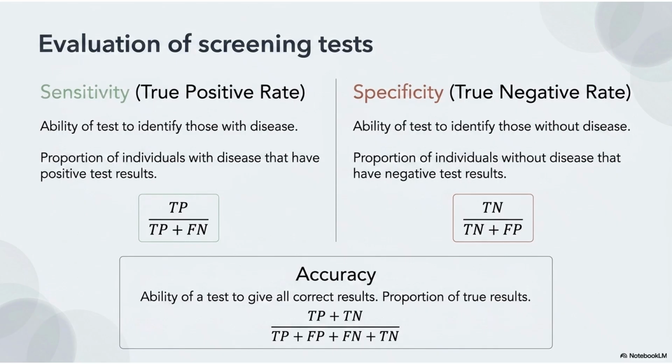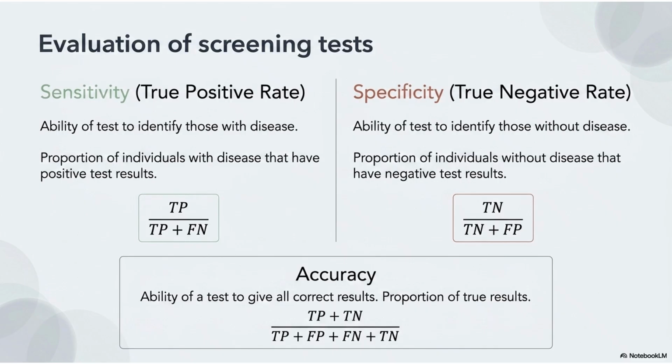And second thing is specificity. Specificity, we will also call it as TNR, true negative rate. So specificity is ability of a test to identify those without disease. That means this test is giving negative result for more number of people without disease. So true negative rate.